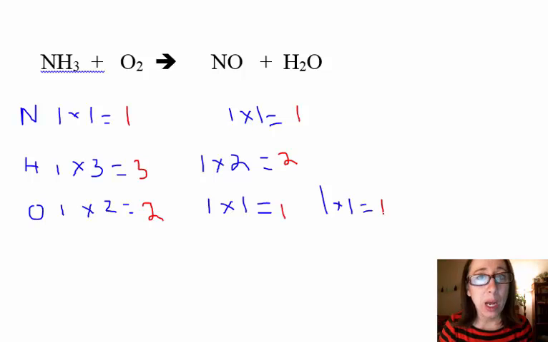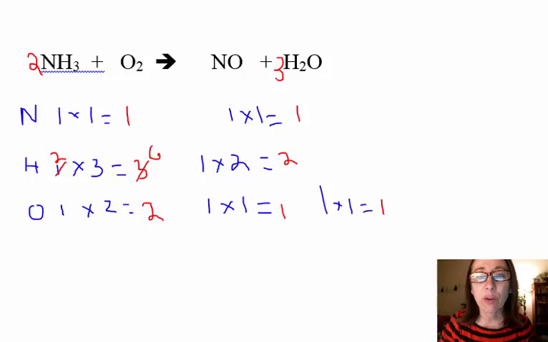So let's look at balancing my hydrogen, since that's not balanced. On my reactant side I have 3 hydrogen, on my product side I have 2. So if I place a coefficient of 2 in front of my ammonia, I will then have 6 hydrogen. And if I place a coefficient of 3 in front of my water, I will then have 6 hydrogen.